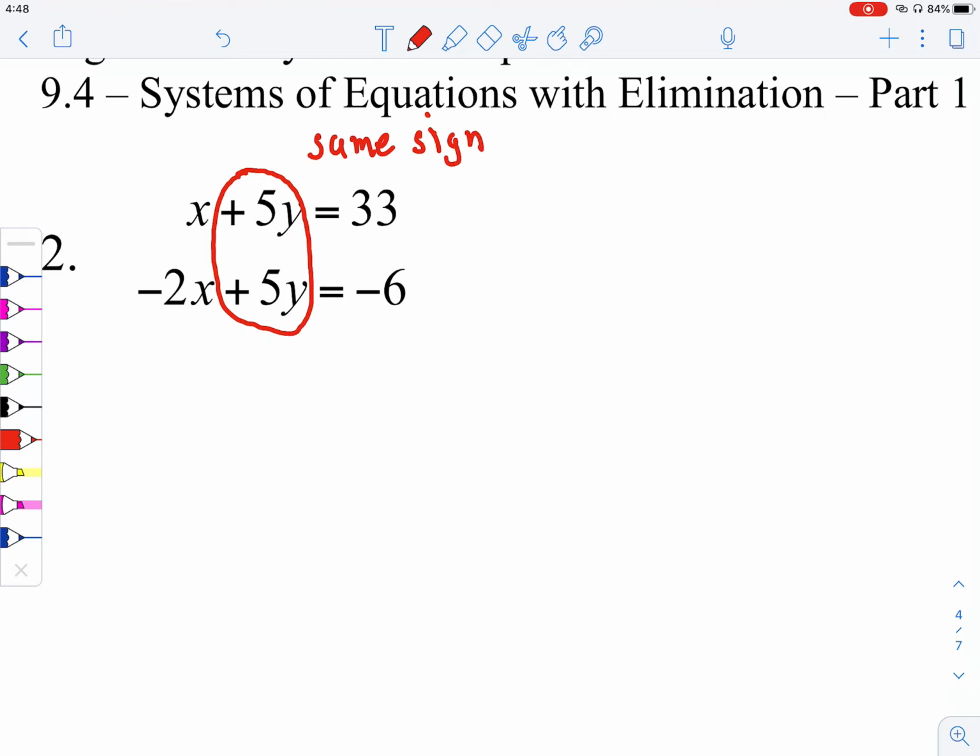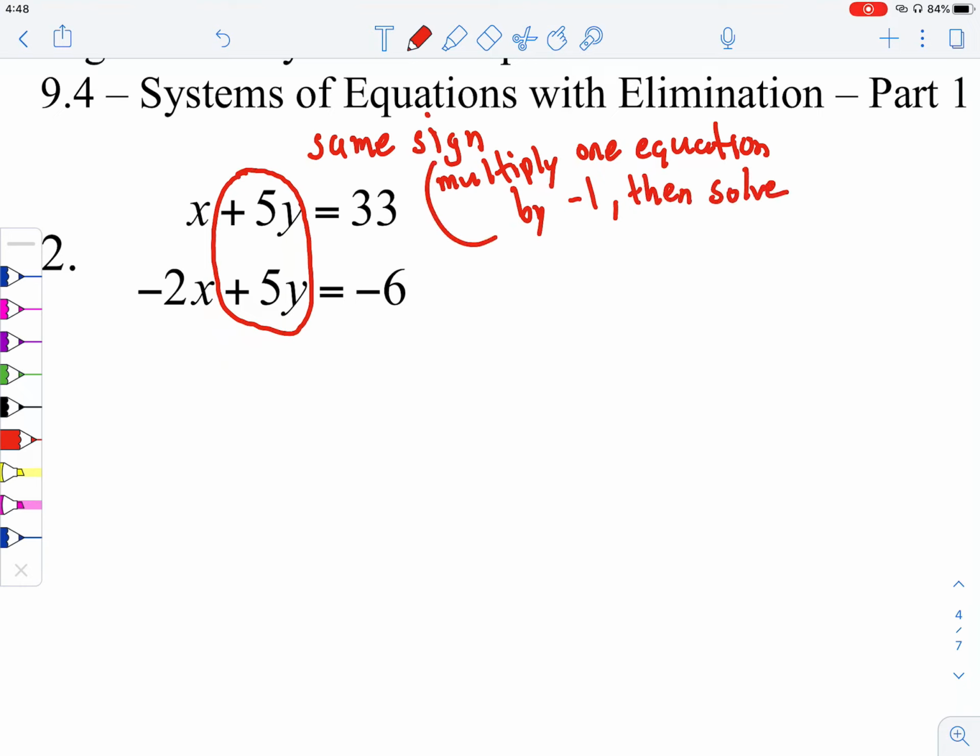So in order to eliminate, what we're going to do, we're going to multiply one equation by -1, then solve. So multiply one equation by -1 so that we can eliminate it.